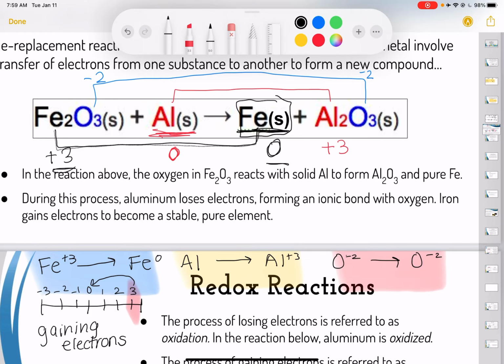And we can look at this already and see that oxygen stays at -2, so it's staying the same. And our aluminum is going from 0 to +3, so that's becoming more positive. So when you become more positive, you lose electrons, okay?